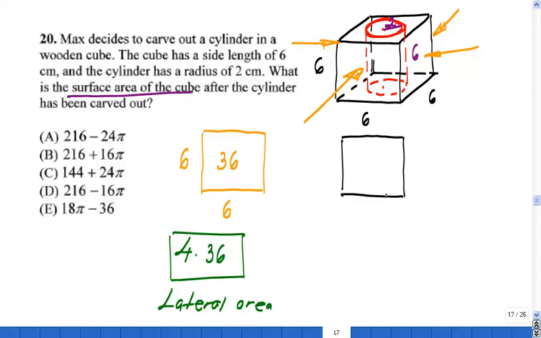But now, if you check the top and the bottom of this wooden cube after you carve the cylinder, it looks like they're missing a circle each, right? A circle with the radius of 2. And to find that area, I need to subtract from the initial square's area the carved circle's area.